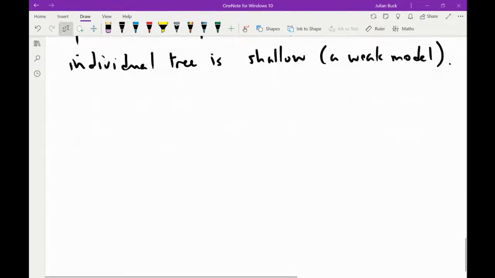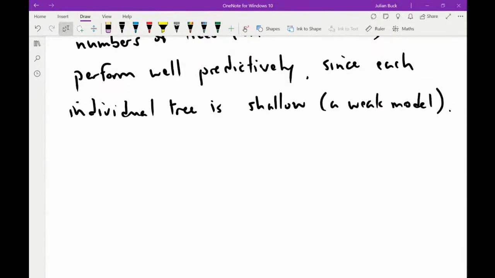So then what we run into is kind of a problem that we have two competing effects going on here.